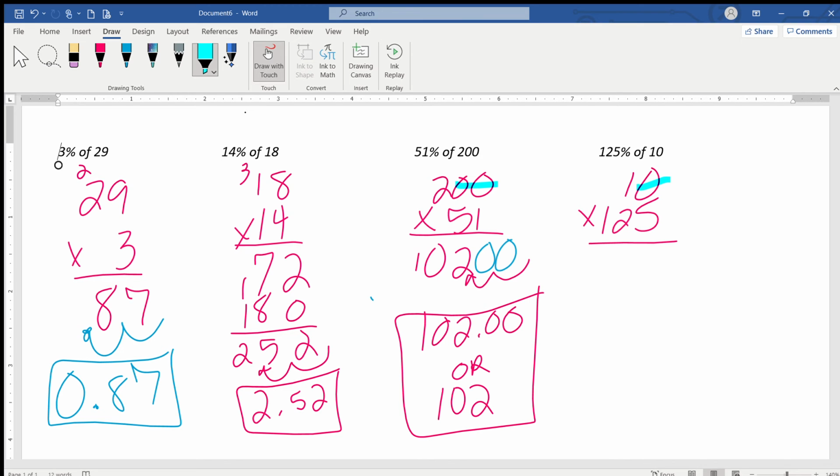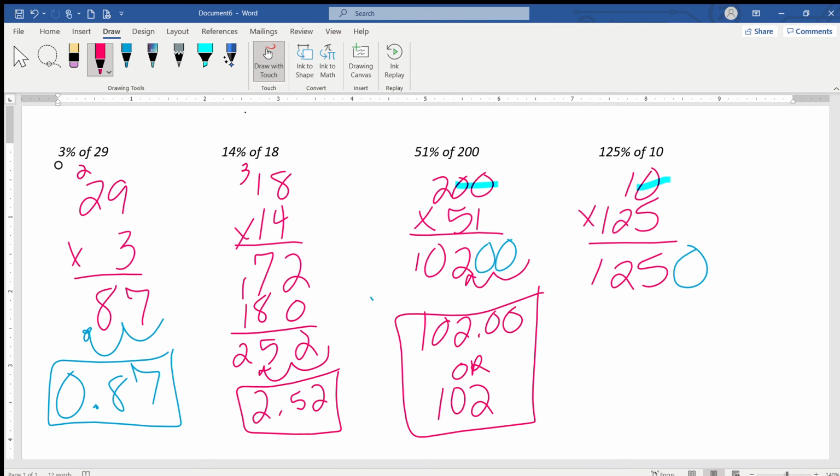Notice we're only ignoring zeros at the end. They have to be at the end. So you're going to multiply 1 times 125. Well, anything times 1 is the same thing. So that means this is 125. And you bring down the 0 just like before. The 0 that we highlighted we were going to ignore for a little bit.